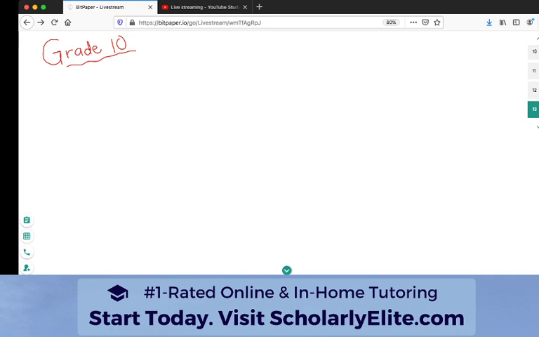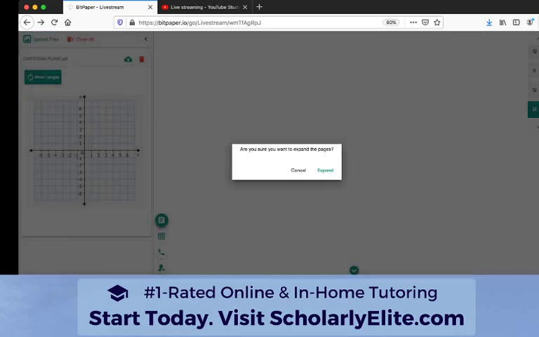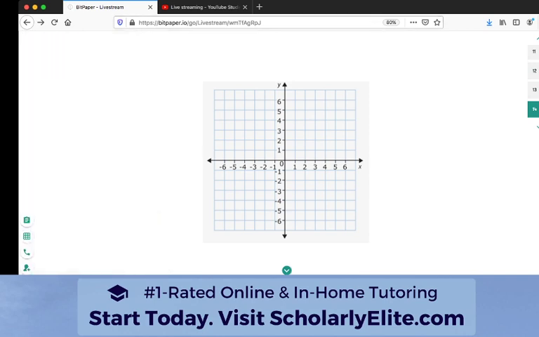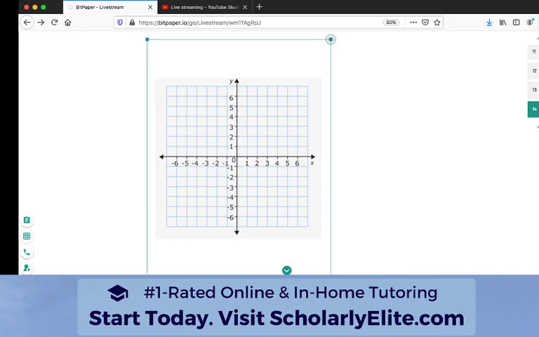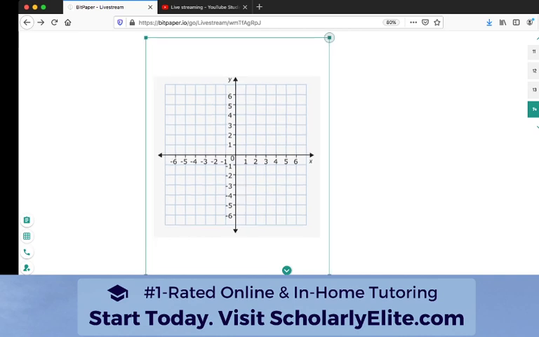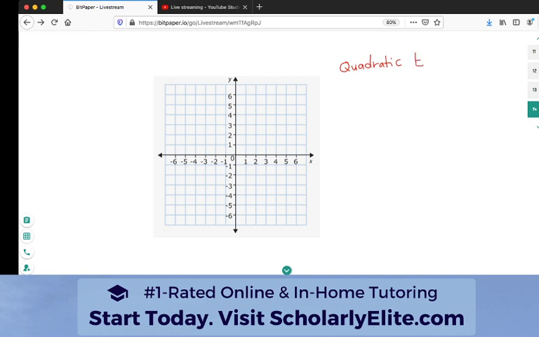Okay? So first and foremost, what I want us to talk about today is what really is a quadratic equation. So I'm going to put this right in the middle here. When we talk about a quadratic equation, what we're really saying is that it has the term x squared in it.